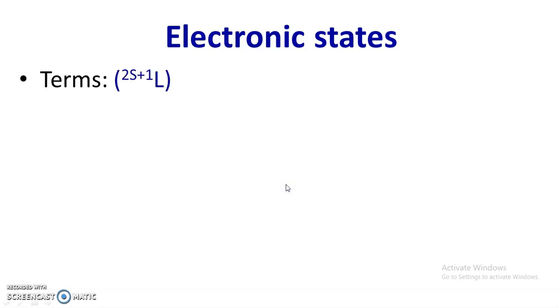Now what is the meaning of term and term symbol? In polyelectron system or in polyelectron atom, there are inter-electronic interactions and spin orbit coupling, as I said right now.